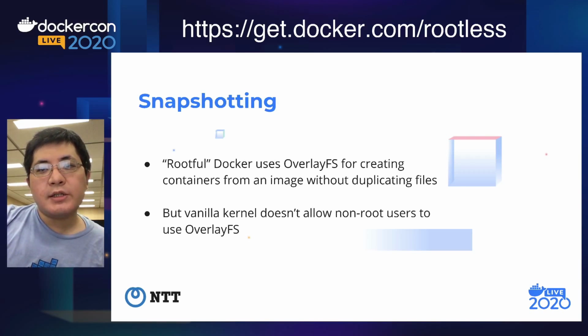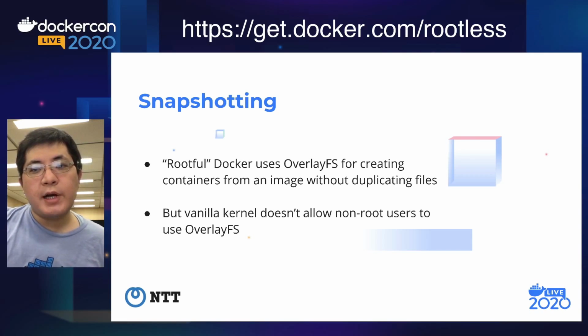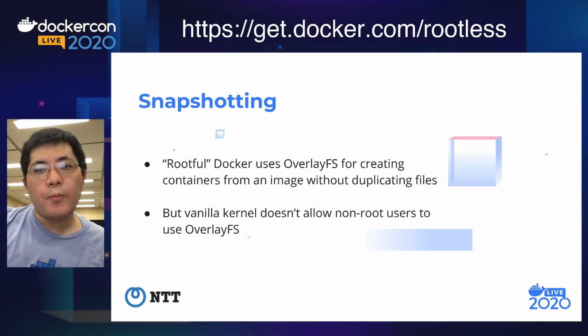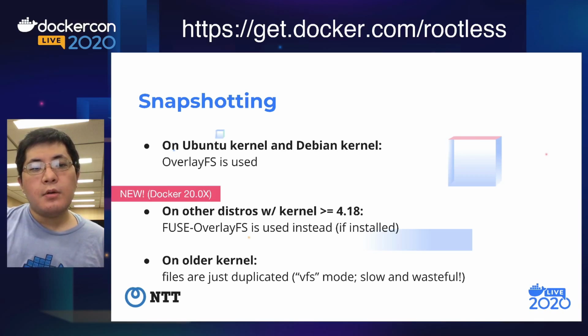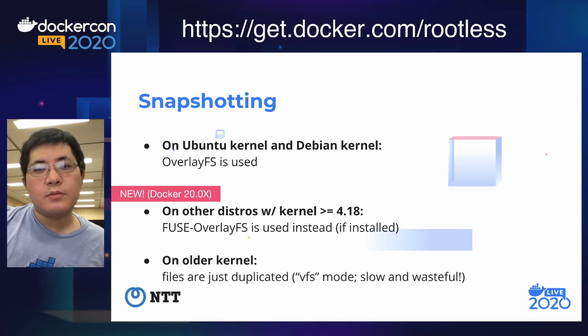The next topic is snapshotting. On rootful Docker, we use OverlayFS so that we can create containers from an image without duplicating files. But it's basically not available for rootless users because of the limitation of the kernel. But if you are using Ubuntu or Debian, the kernel is patched to enable OverlayFS, so you can use OverlayFS in rootless mode.